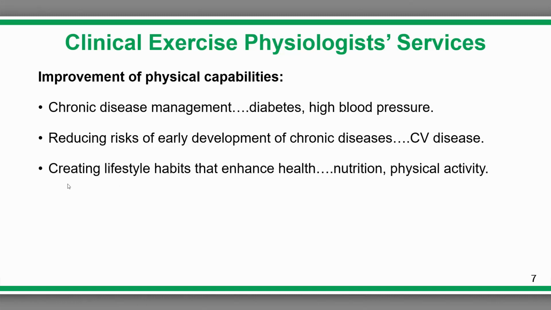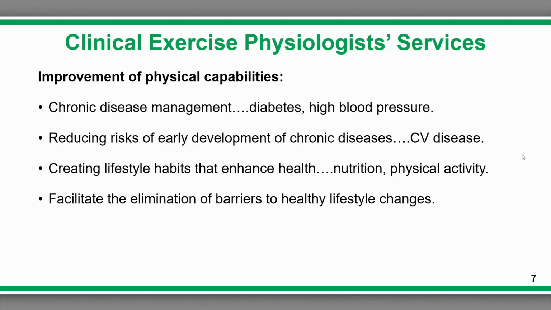This all aims to work by creating what are called lifestyle habits, or also referred to as developing positive health behaviors. And these positive health behaviors involve two main elements: practicing healthy nutrition as well as engaging in healthy physical activity.